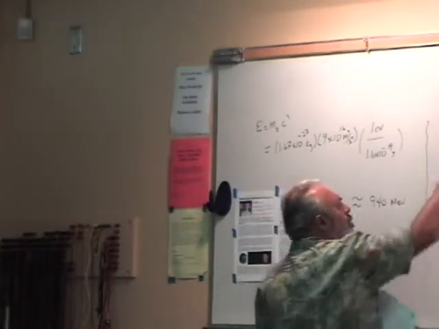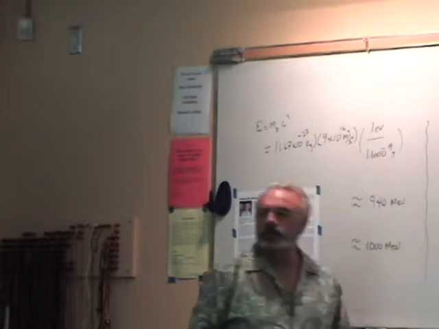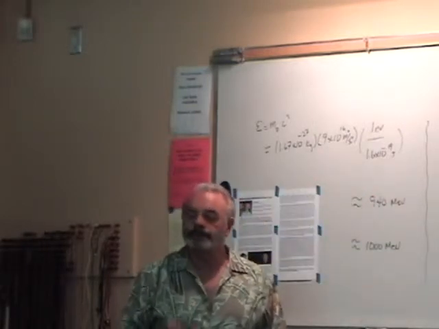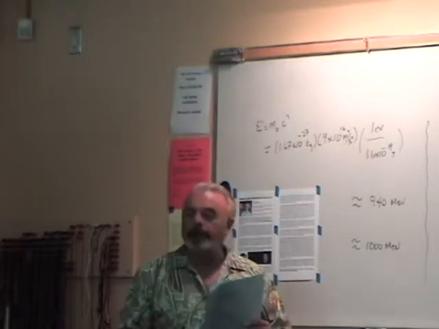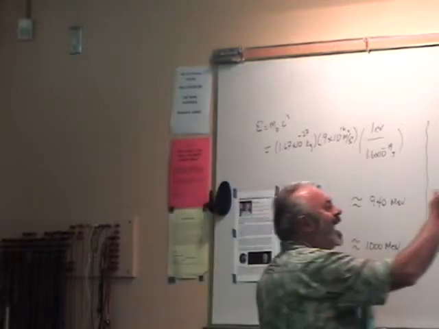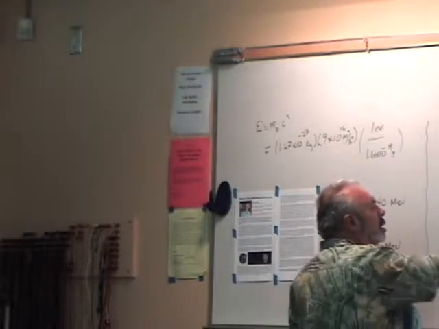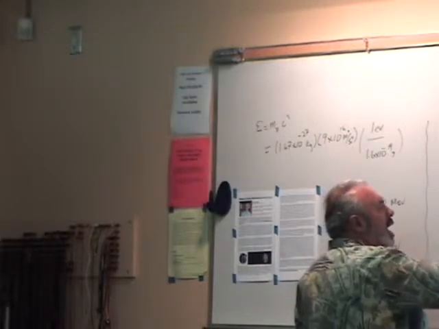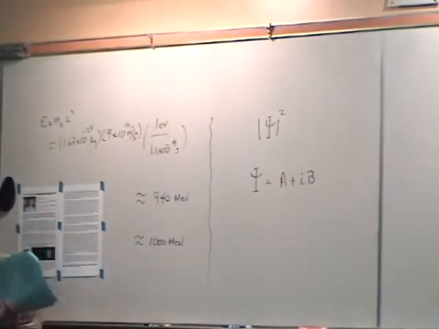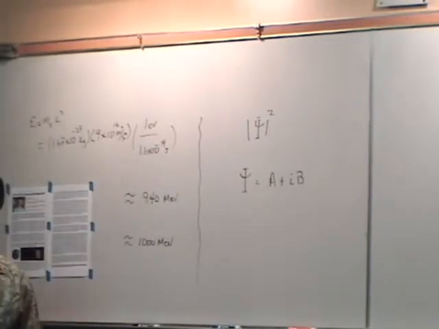Now, to get ready and use that piece of information, I want to go back to, and somebody asked the question, why do it like this? So it has physical significance. And I'd like to answer that. Because psi, in general, could be written as A plus iB. What is i? The imaginary number, the square root of negative 1, yes.